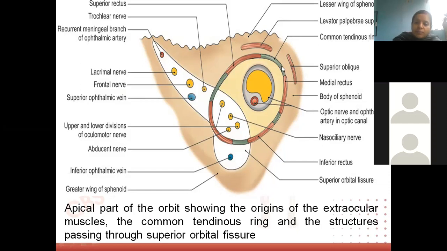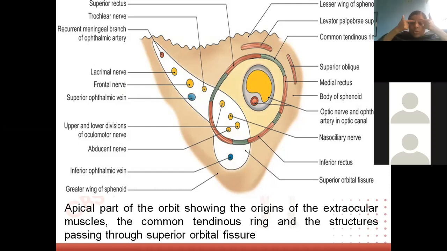Then apart from that, you are finding the other muscles also, like superior oblique. What is this underlying bone? We have the lesser wing of sphenoid bone. So superior oblique comes from the lesser wing of sphenoid bone, whereas inferior oblique will come from this area. What is this bone? I said maxilla and frontal form the floor of the orbit.